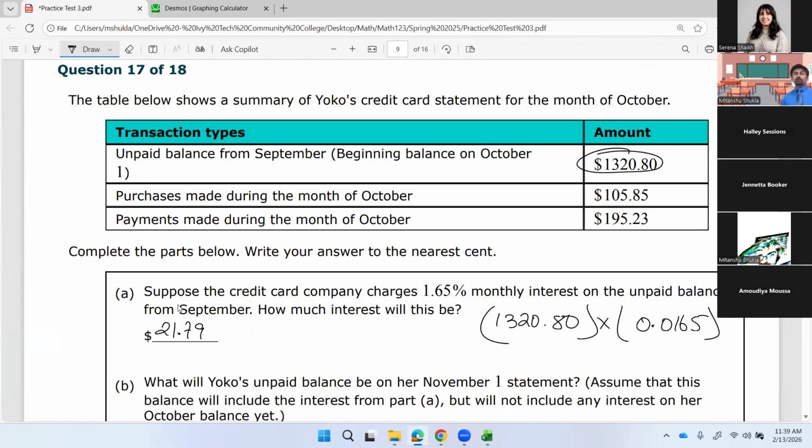Then what will Yoko's unpaid balance be on her November 1st statement? So for the November statement, the purchases that are made during October is this.